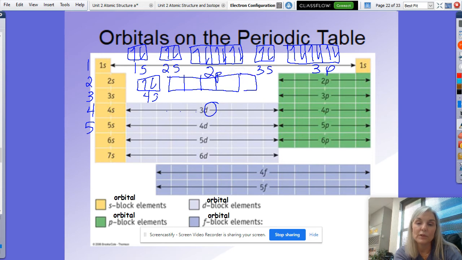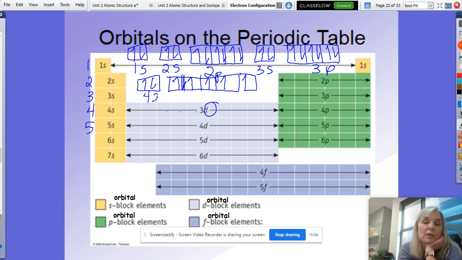So 1, 2, 3, 4, 5. All right. So this is where we're stopping. So I'm going to count 1, 2, 3, 4, 5, 6. So got to put all ups first. 1, 2, 3, 4, 5, and we have one more, 6.